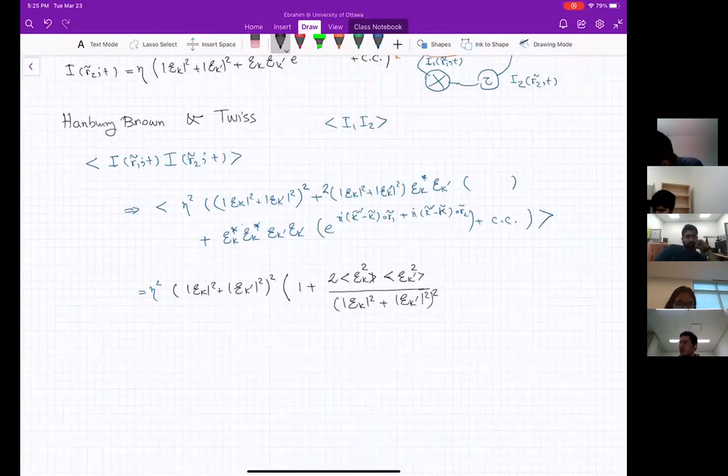And finally, I will get a term which is given by cosine of (k minus k') divided by 2 dot (r1 minus r2).